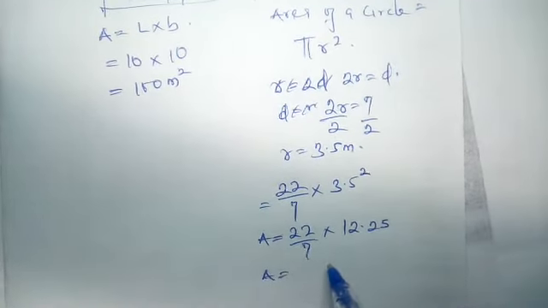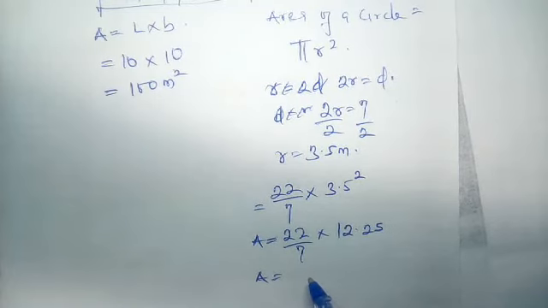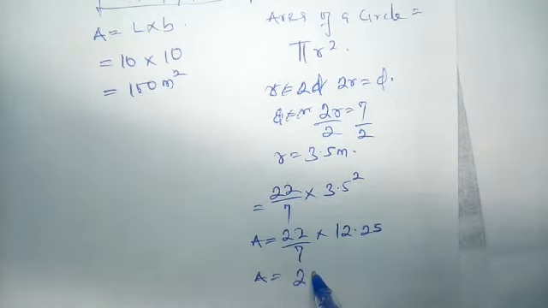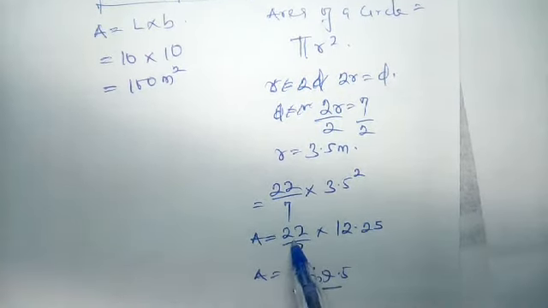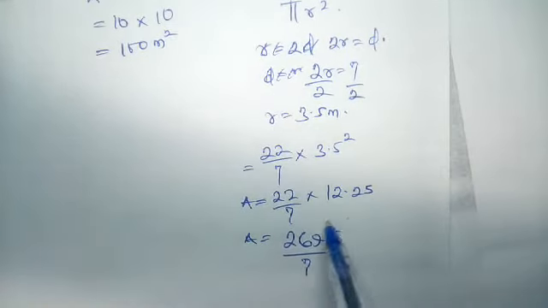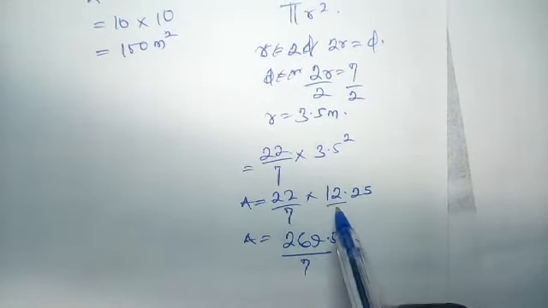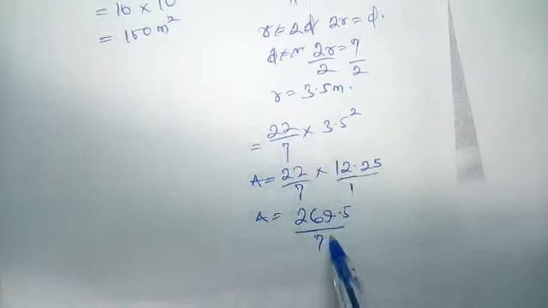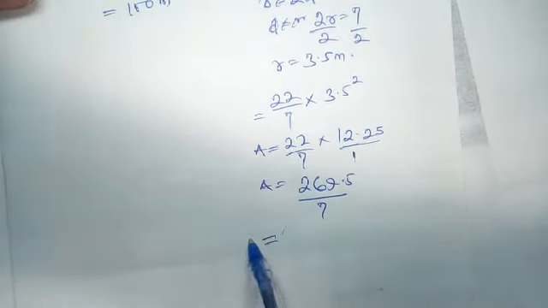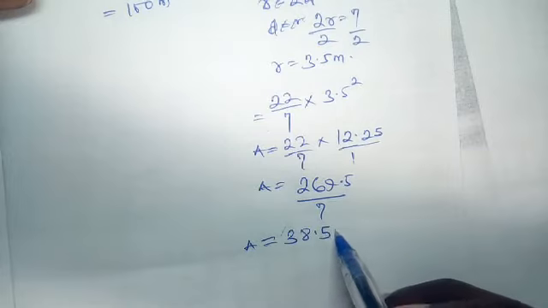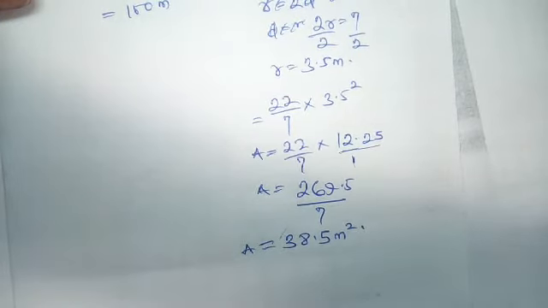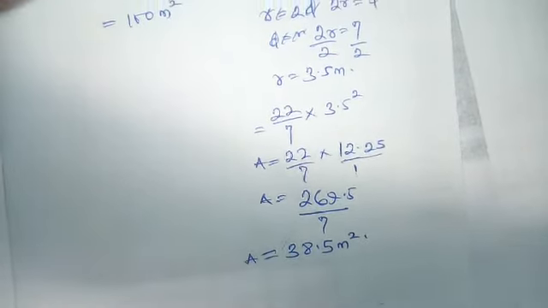Okay, so 22 times 12.25 would give us 269.5 over 7. So we multiplied the numerator and the denominator, and we arrived at this answer. Now when we divide this, area of the circle becomes 38.5 meters squared. Quite similar with what we got the first time in the first question, right?